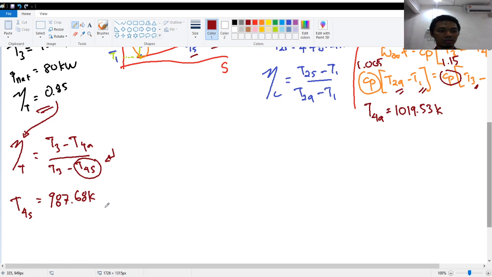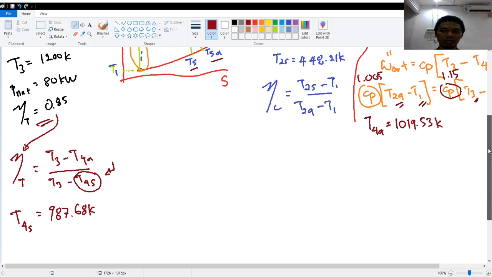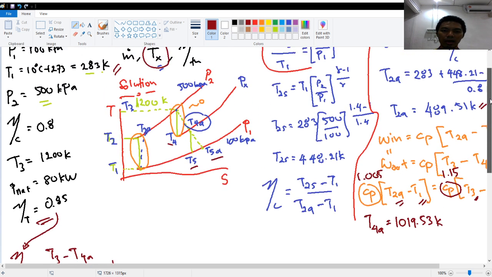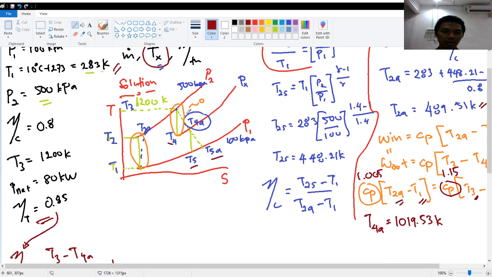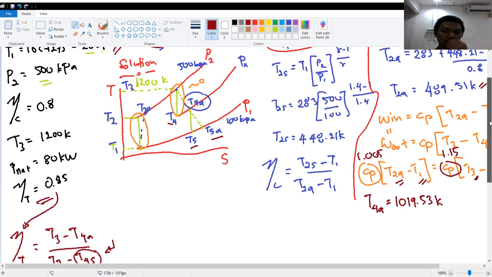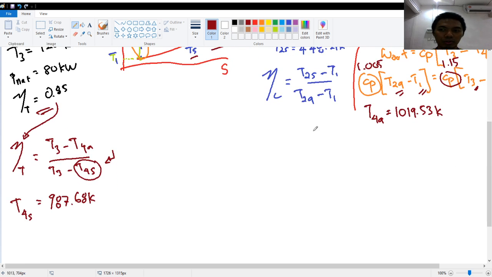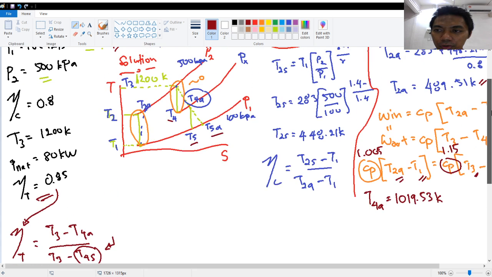And next, you can solve this question easily because you already have the temperature here. When you have a temperature, you can use back the pressure equation just now. I already wrote it for you.